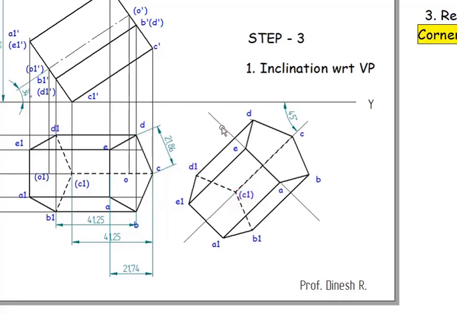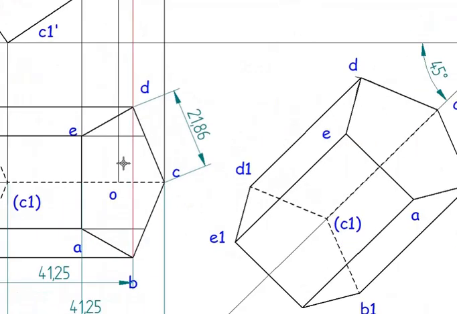Next thing is this line. I need to find the axis point. So now I'll take the distance from this point to this point, which is 12.02. So I'll cut a radius.